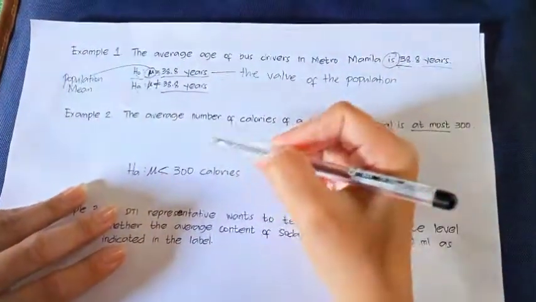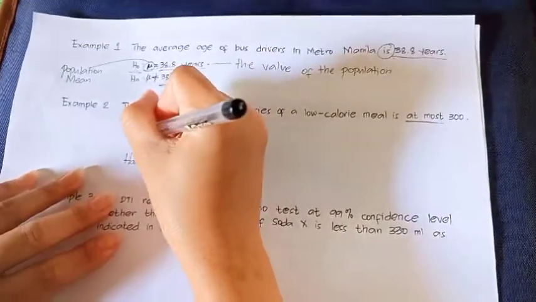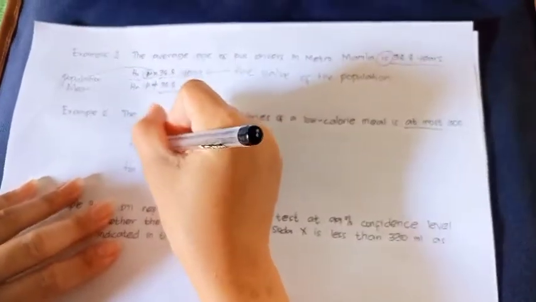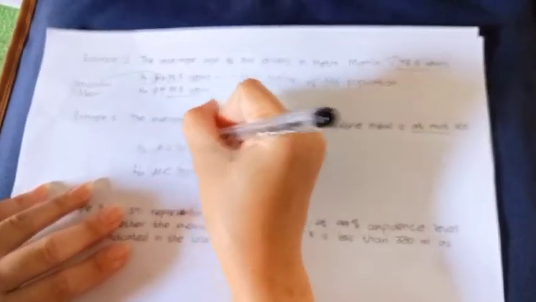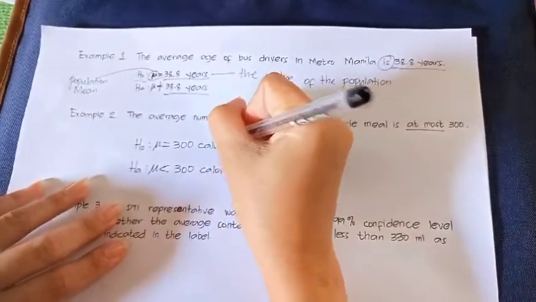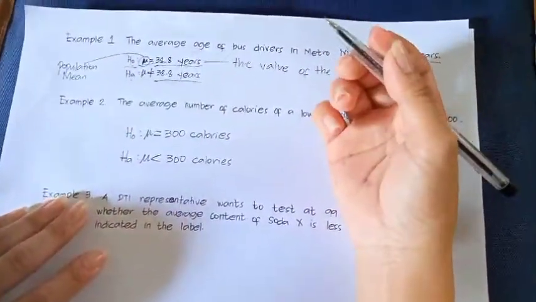So the null hypothesis is less than or equal to 300 calories.